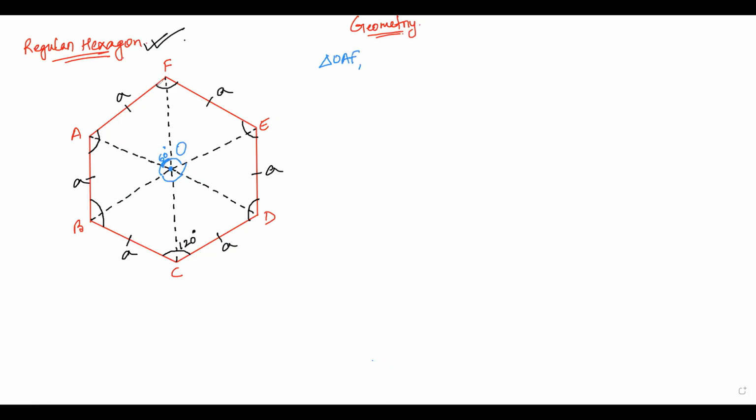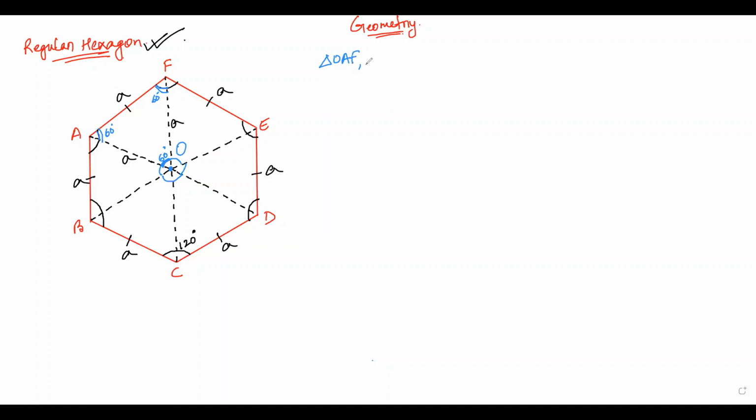The side OF is equal to the side OA, so this angle will also be equal to this angle. And since this angle is 60 degrees, these two angles will also be 60 degrees each. So triangle OAF would be an equilateral triangle where each side is of a units length.